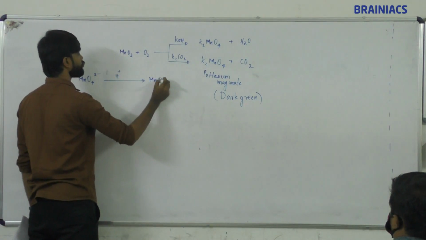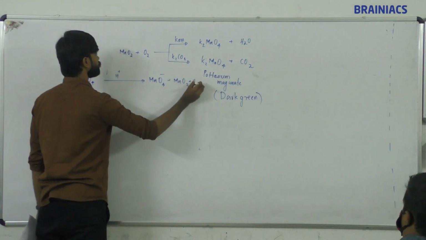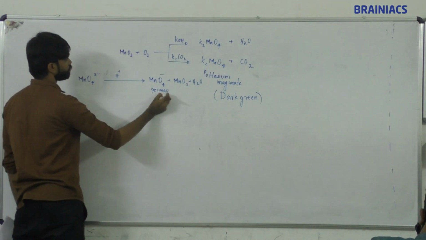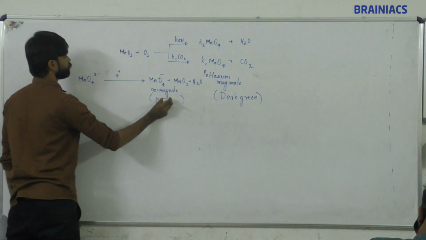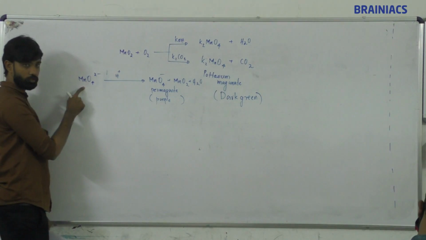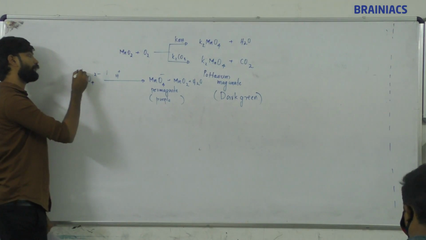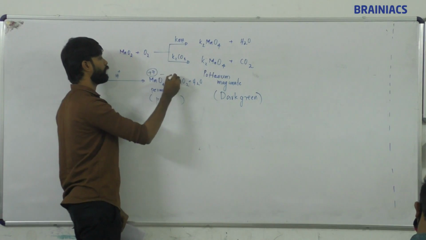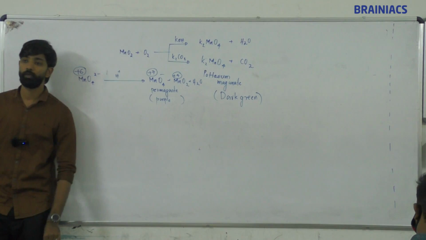So here forms the manganate, where the manganese oxidation state is +6, and it becomes +7 and +4, which means it is disproportionated, so that you obtain permanganate.